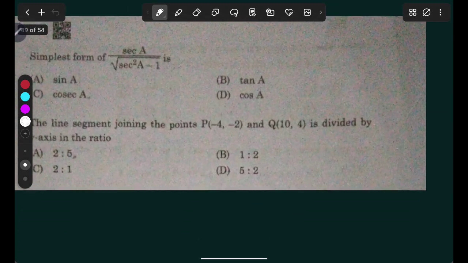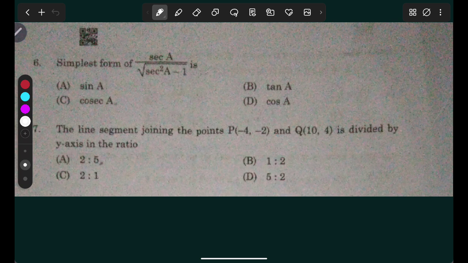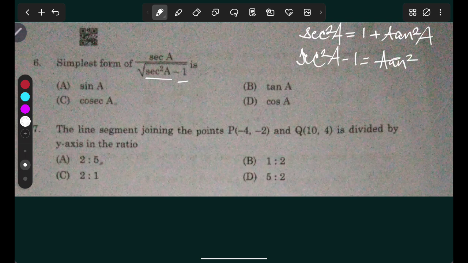Moving ahead to the next question. The simplest form of sec a upon root of sec square a minus 1. Now using the identity sec square theta is equal to 1 plus tan square a, so sec square a minus 1 is tan square a.